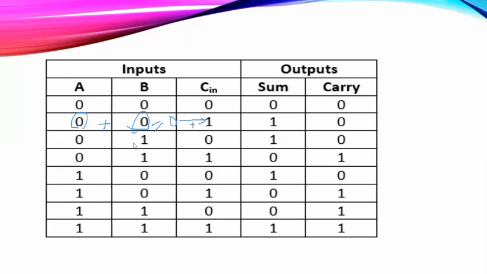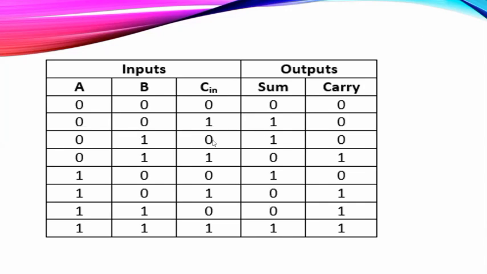So if in the 3 inputs, there is any one bit that is high, it means the sum will be high. Okay, now in this both 0, 0, 1 and 0, 1, 0, both the rows are having only one input high.